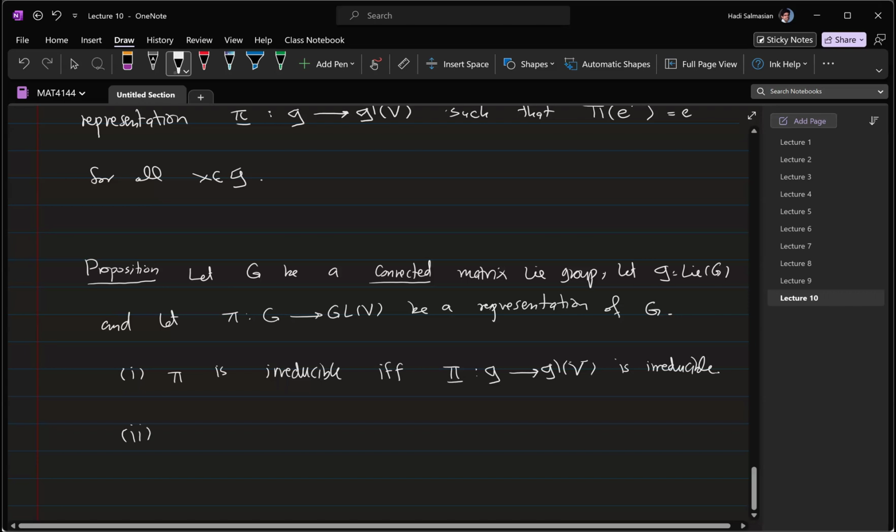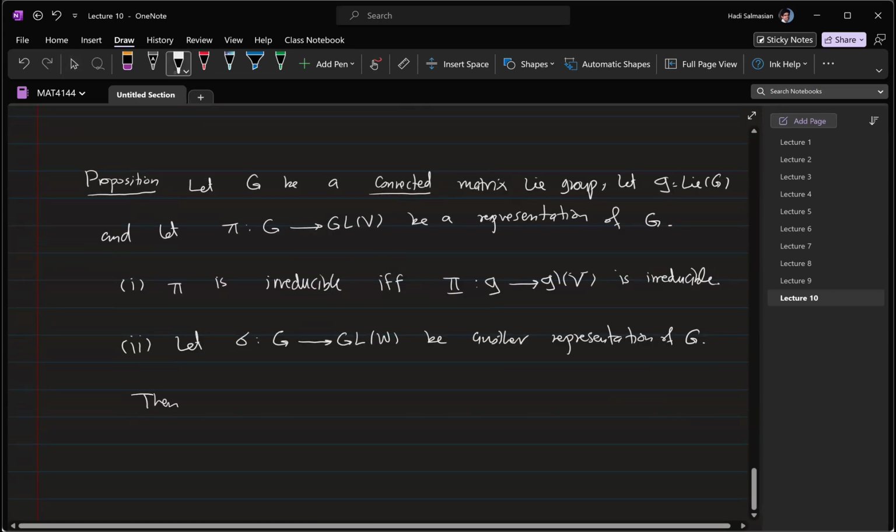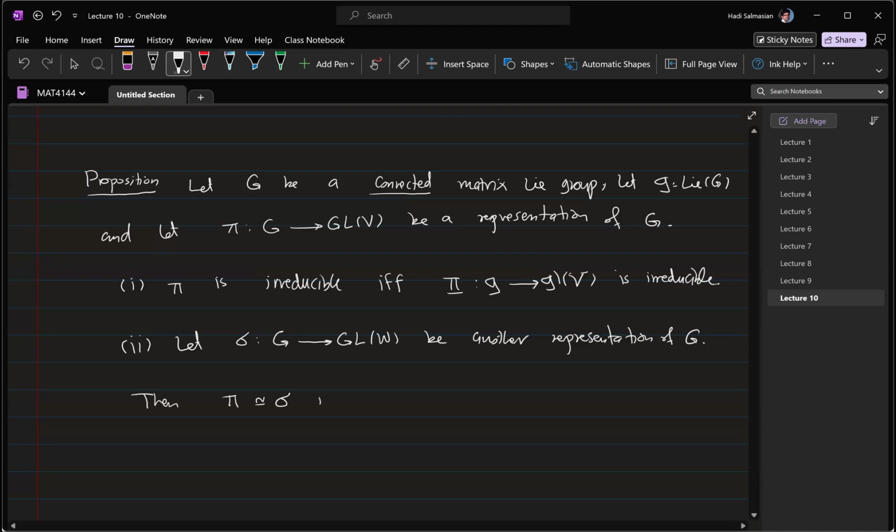And the second claim is, okay, so this is not stated properly here the way I wanted. Let σ again from G to GL(W) be another representation of G. Then π is isomorphic to σ if and only if π underline is isomorphic to σ underline.